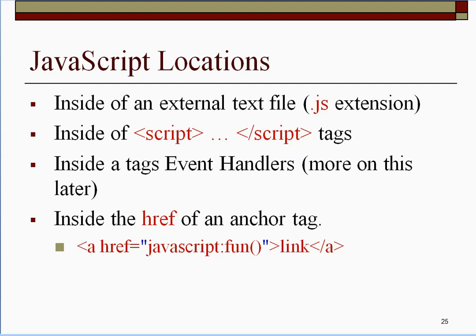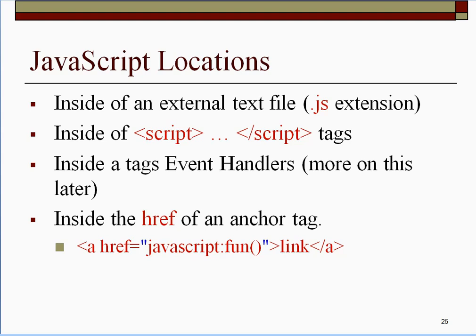This is because you might want to reuse JavaScript functions that you wrote and you would like to use them over and over again. So you might as well put all of them as a library inside an external text file and then import it to any other file as you like. You can also put it inside a tags event handler.